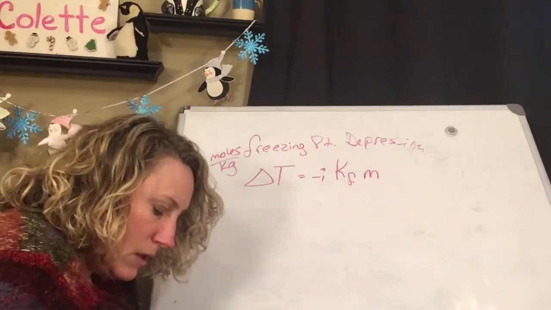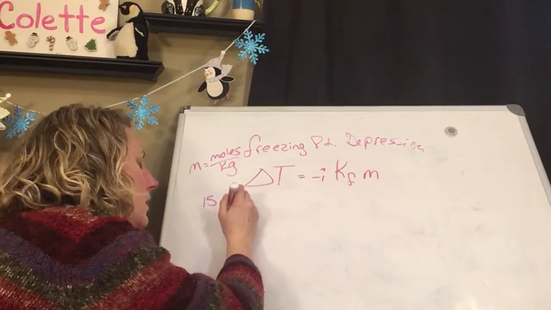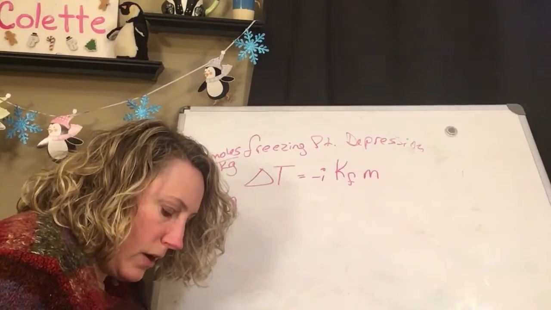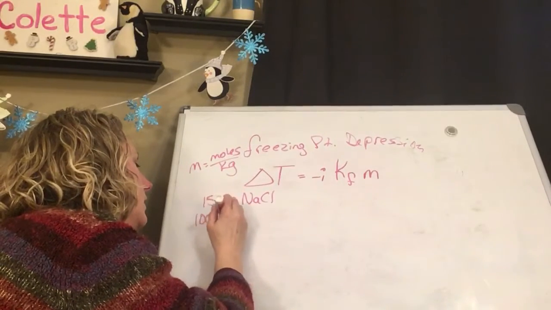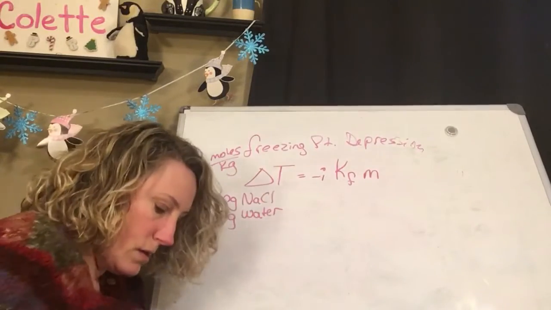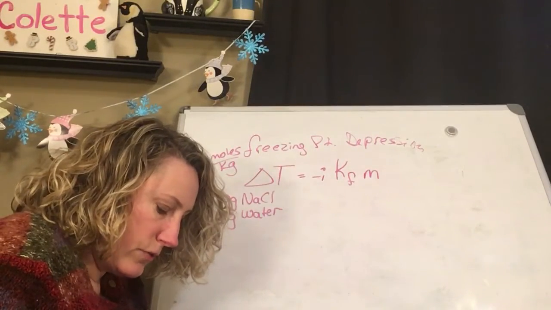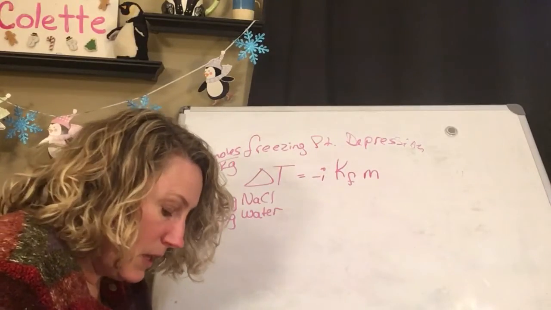Okay. So it says when 15 grams of sodium chloride are added to 100 grams of water, what's the change in the water's freezing point? And they have to give you the freezing point constant.